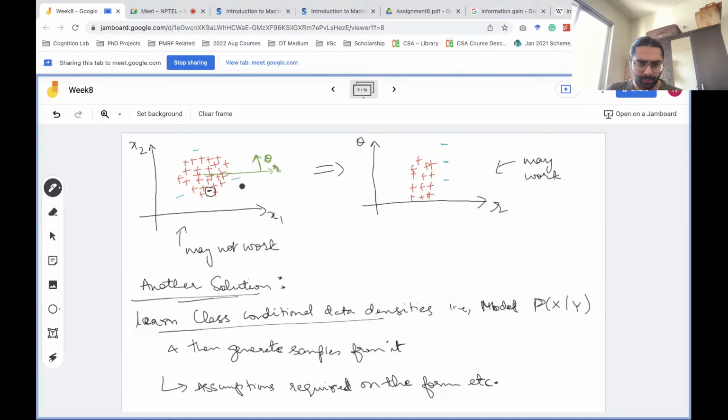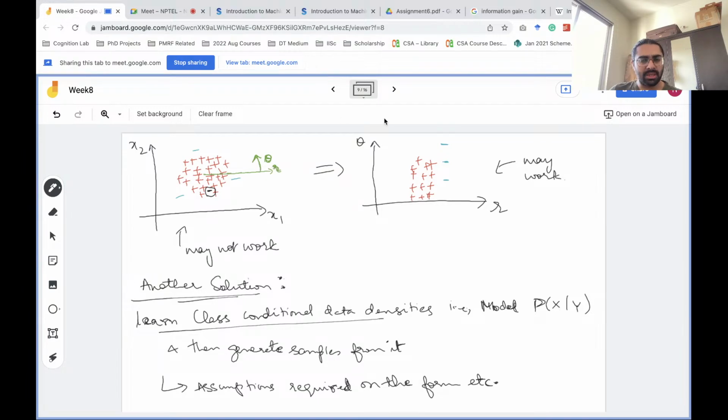So for example, if you were to convert this into polar coordinates, r and theta, all of these come down into a different sort of space here, right? So it may work by applying this SMOTE technique when you feature transform your data sets.